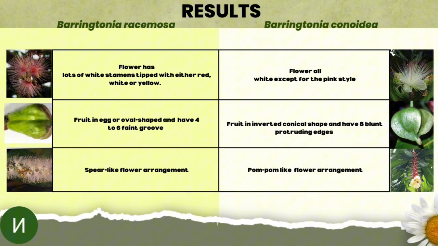And Barringtonia cornelia has an inverted conical shape and 8 plant protruding edges for its fruit. And the last part is, Barringtonia racemosa has a spear-like flower arrangement, and Barringtonia cornelia has a pom-pom-like flower arrangement.